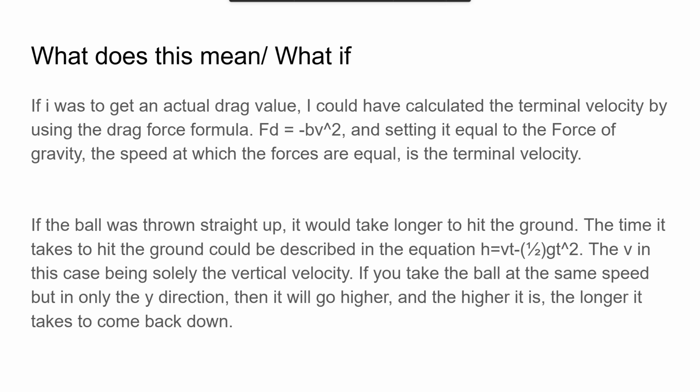If you take the same speed in a direction that's both in the x and y direction, but then switch it to just one or the other, then that direction is going to have more velocity. And as you can see, more velocity would relate to more height, which would mean more time for the ball to come down again.